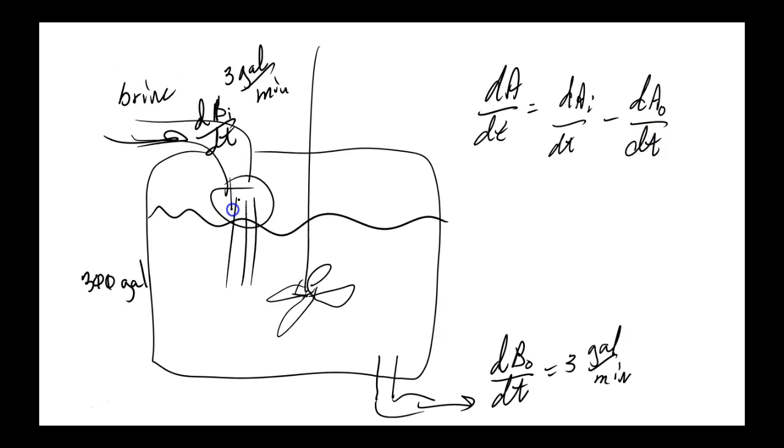So the stuff coming in is higher concentration than the stuff going out. So this is the difference of what's in there. So this is rate in minus rate out.